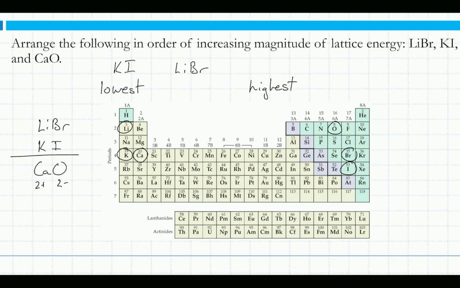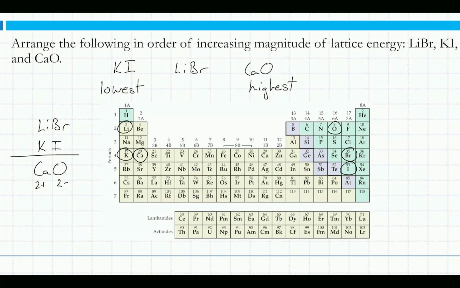Lithium and bromide are both smaller than potassium and iodide, so we would expect that to have a higher ionization energy. And then calcium oxide would have the highest because it's got a larger charge. It's probably also smaller than potassium iodide too, because oxygen's up here and iodine's way down there.